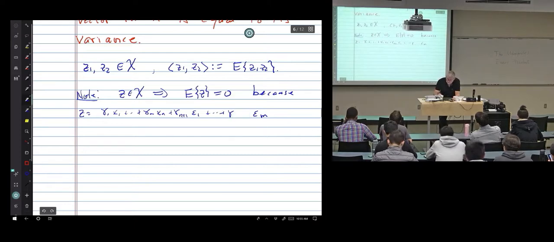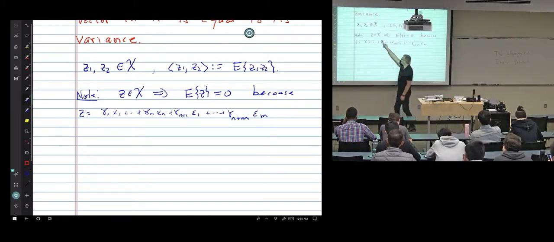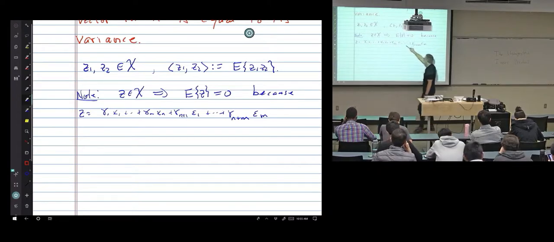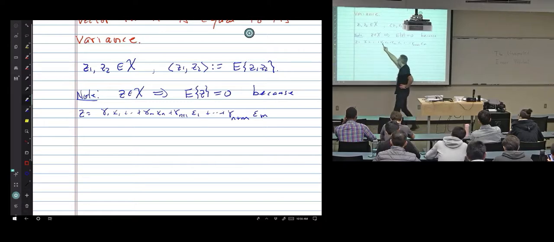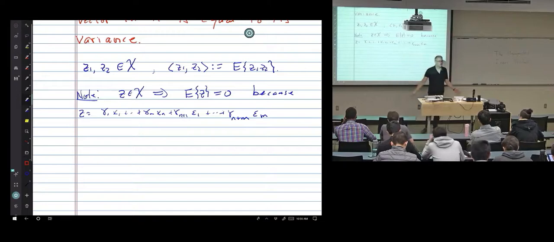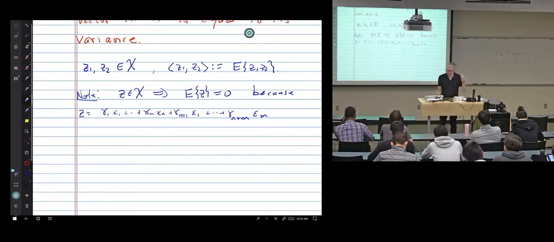That's so ugly, n plus m. Okay. So things in X are in the span, so they're linear combinations of the components of my unknown X and the noise term. Okay? And so the expected value of Z is just the expected value of the sum, and each one of these has 0 mean, so the mean of Z is 0, okay? So it's the expected value of a sum of things is the sum of the expected values. The integral of a sum is the sum of the integrals, okay?